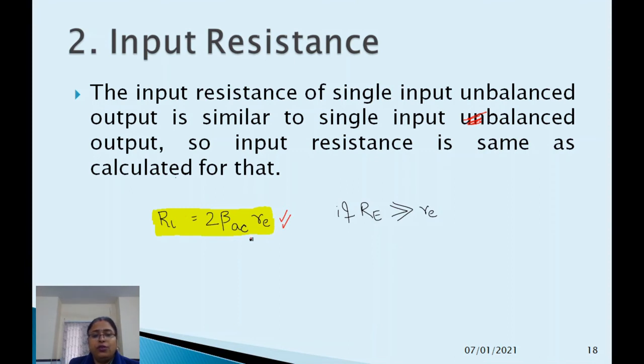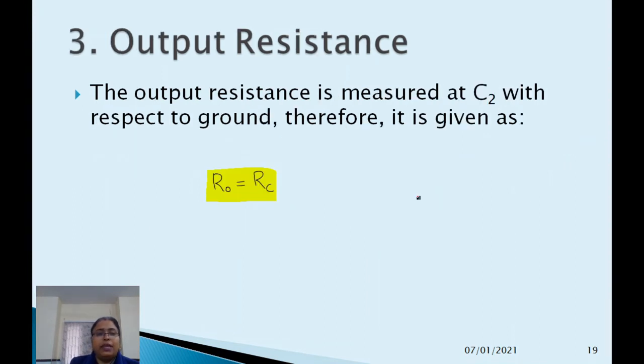So it is 2 into beta AC into RE, and the condition is RE is very much greater than small re. And the output resistance is measured across the output terminal, that is C2, and it is nothing but equal to RC. So we have covered all the 4 configurations with all the 3 parameters, that is voltage gain, input resistance, output resistance.